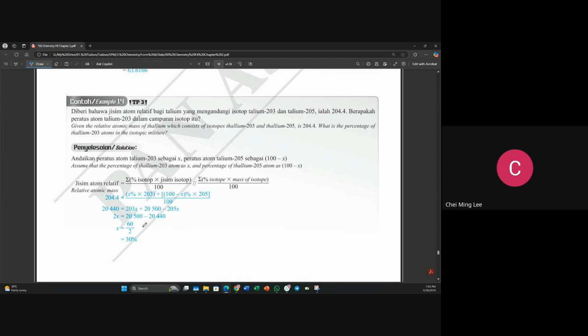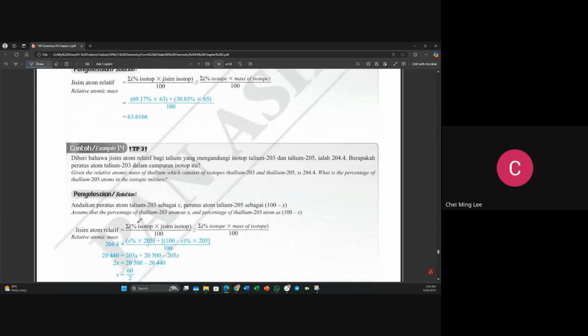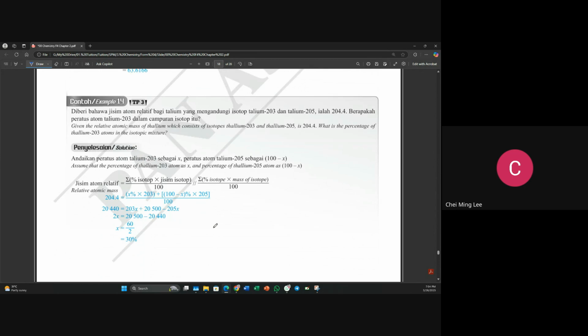Which part did you get wrong? You didn't know how to do this question at all. Oh, really? Because they didn't give the natural abundance. Like I said, next time, if there are only two types, you can use 100 minus X and X. For example, let's say A1 and A2, so this is X, this is Y in terms of percentage.